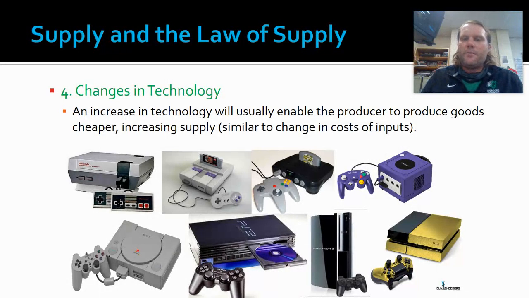Technology is going to make things more efficient. Okay, so if we increase our technology, again, it's going to make something cheaper, whether that be a labor resource. Maybe I can build a robot instead of hiring a worker, right? Farming has a lot of probably somewhat unknown changes in technology, where a corn stalk grows way more ears of corn today than it did 100 years ago, right?